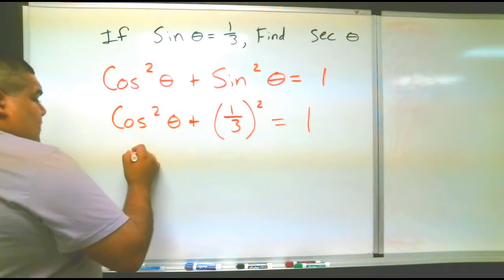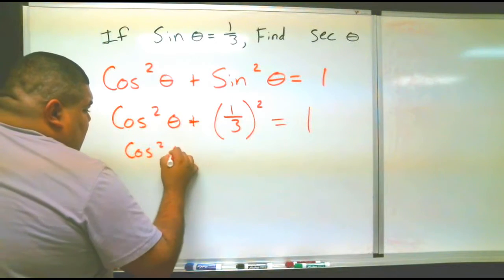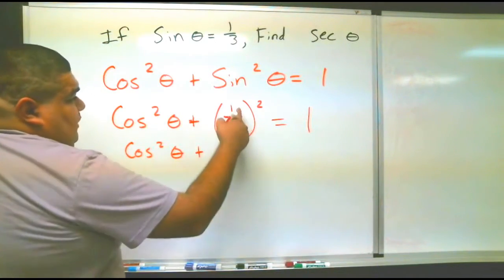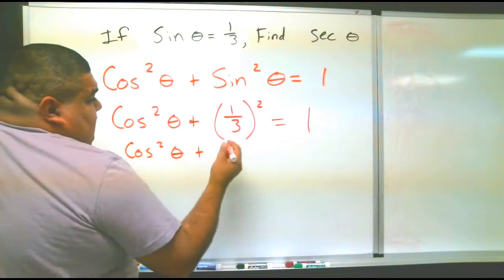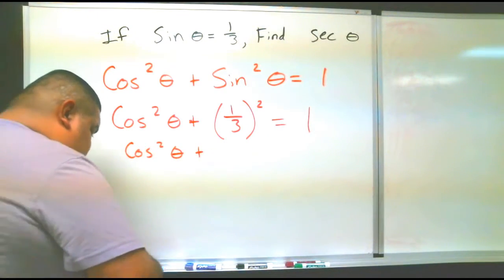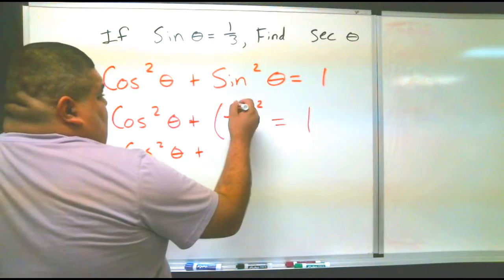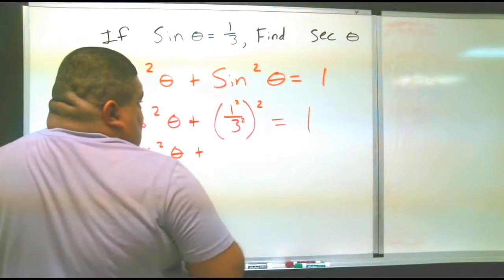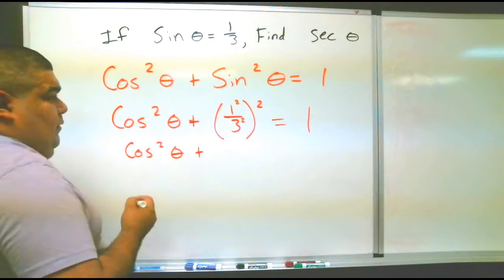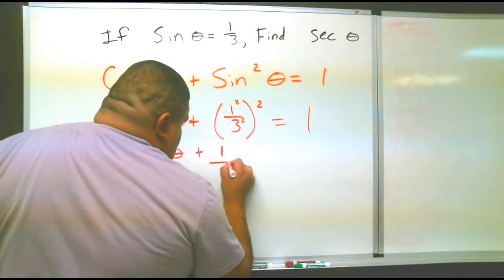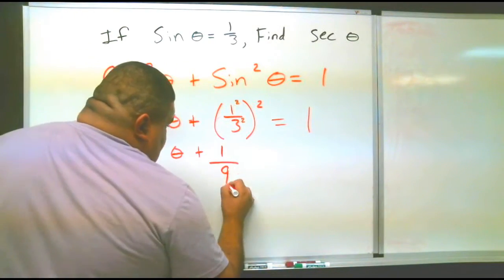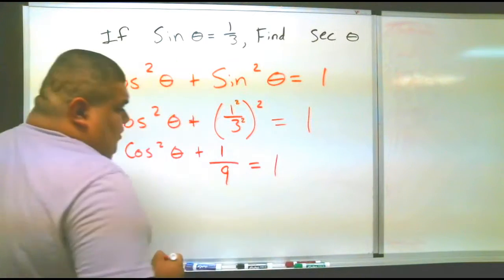So again, cosine squared theta plus 1 times 1, because remember, the square is for both. Think of it as the square here and the square here. So 1 times 1 is 1. 3 times 3 is 9, equals 1.